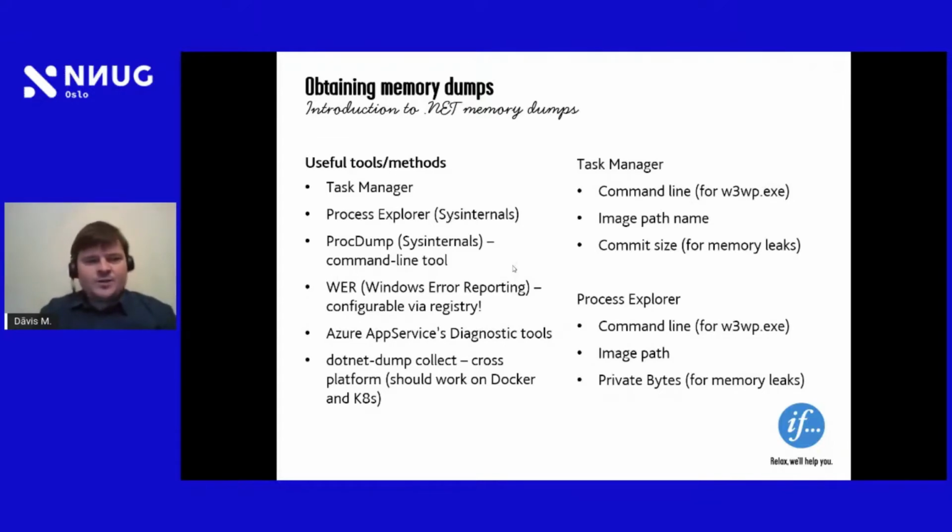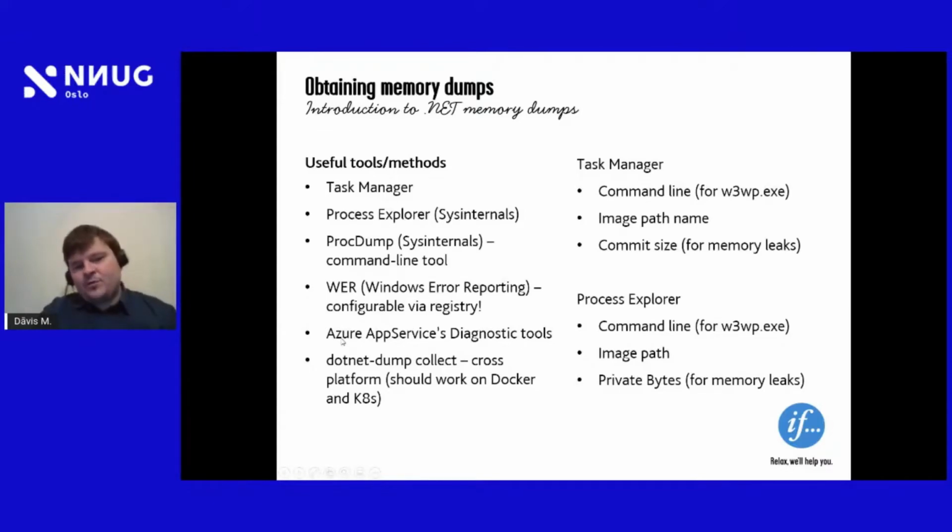And then there's Windows Error Reporting. It's configurable via registry, and it's extremely useful for client-side applications. If you have an application that's deployed to either terminal servers or user PCs, and you want a memory dump if the application crashes, then you can configure it through the Windows Error Reporting registry keys.